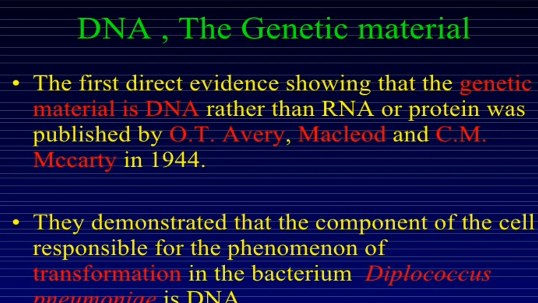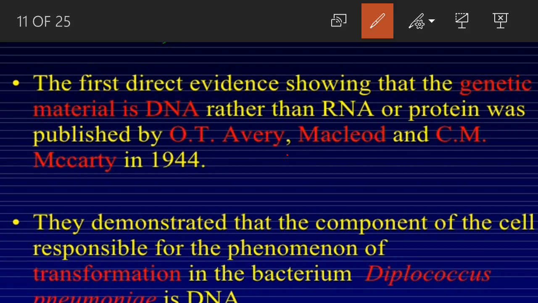Oswald Avery, MacLeod, and McCarthy in 1944. Before the work of these three scientists, genetic material was thought to be proteins. These three scientists gave direct evidence showing that genetic material is DNA rather than RNA or proteins.